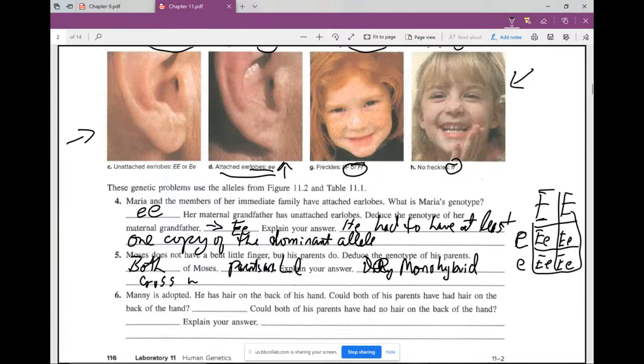Monohybrid crosses will produce recessive offspring. All right. He is recessive. Both his parents are not. So we know that both of his parents have to carry the recessive allele in order for him to have inherited 2 copies of the recessive allele. You can say that instead of what I wrote.